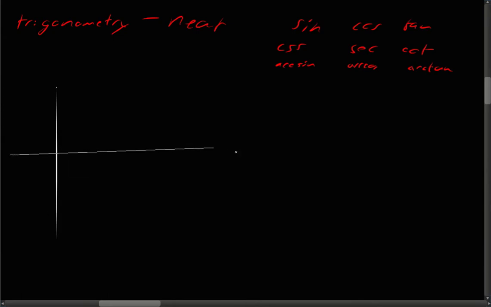Let's go ahead and draw our graph out, right? So we've got our x, and we've got our y. Oops, that's another x. There we go. We got our y. Our function is going to be a sine function, okay?